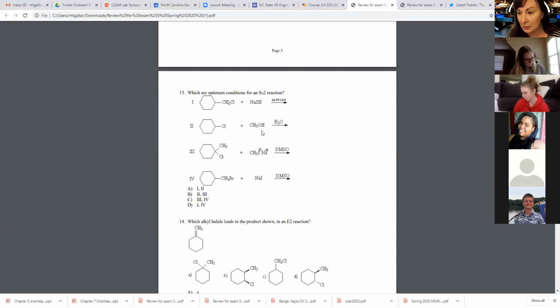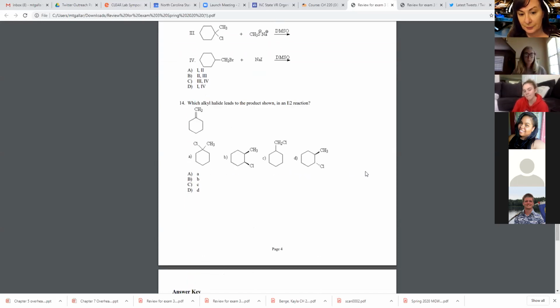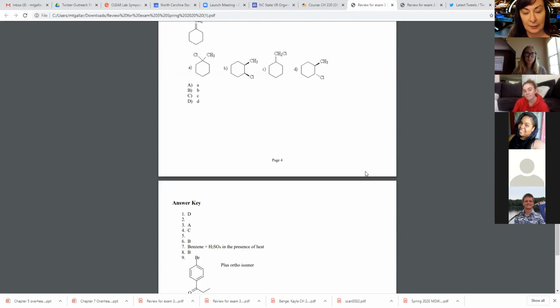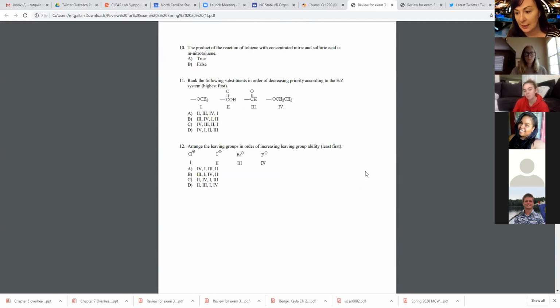Is this a salt? No, that's methanol. And is water a good solvent for SN2? No, the solvents for SN2 have to be aprotic. So acetone or DMSO. That's the reason why 1 and 4 were the best choices for this question. We all got that? Yeah. Okay. The answers are down there for you to take a look at.